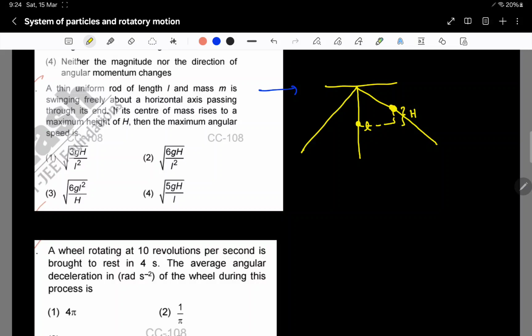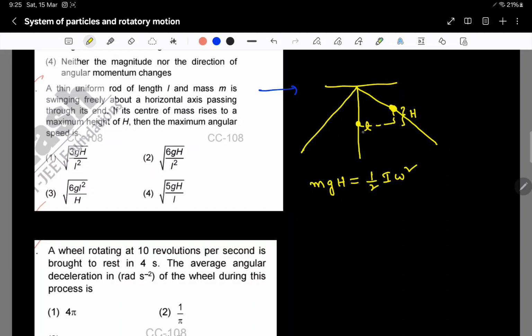Maximum angular speed. Students, here we use conservation of energy. Initially at this position, the rod's potential energy equals rotational kinetic energy. Potential energy depends only on vertical height. So potential energy of the uniform rod mgH equals rotational kinetic energy, half I omega square.